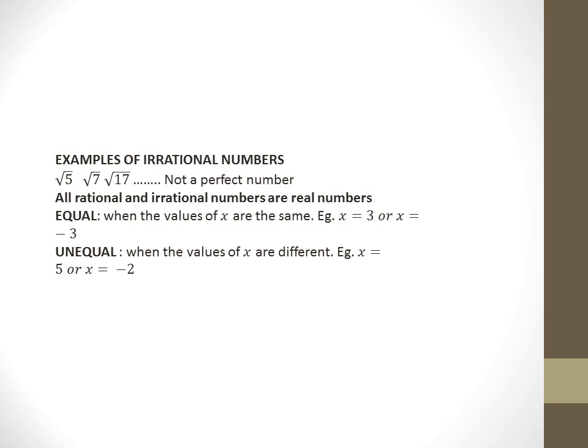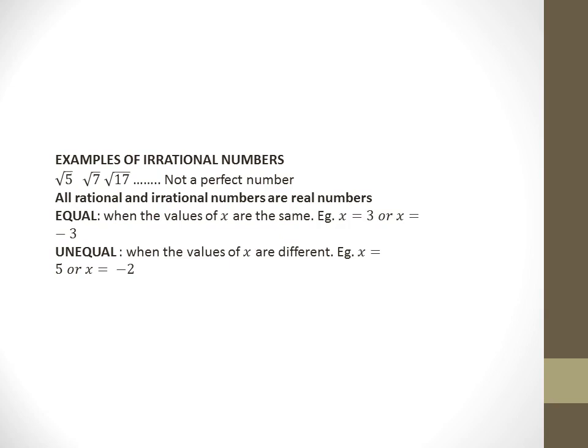How about equal? And now we are supposed to find the nature of roots. When the values of x are the same, let's say you have x is equal to 3 or x is equal to 3, you can see the numbers for x are 3 and 3. And for that matter, we are going to have equal as a nature of root.